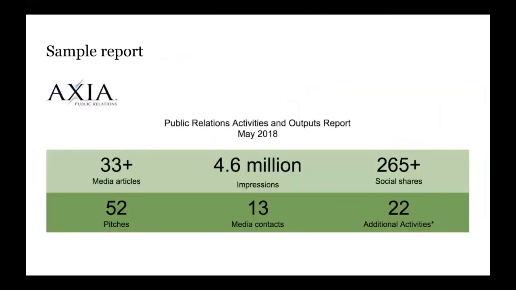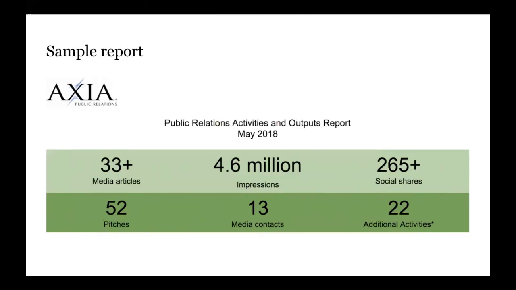So here's a sample report I wanted to show how we give numbers that matter to our clients. And this is a media relations client. We track the number of articles since that is important to them. We also track impressions since the campaigns really are about increasing awareness. And so they really want to reach as many people as possible.